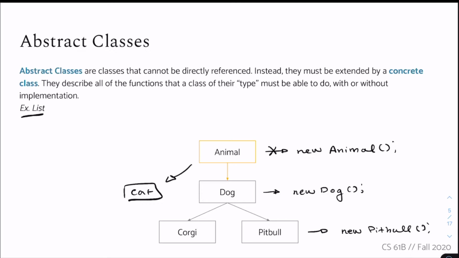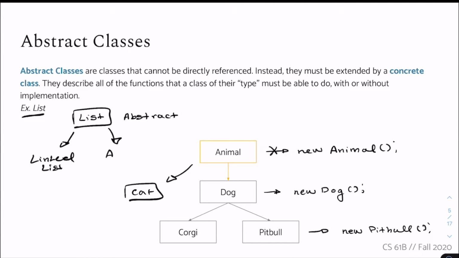In the real world implementation, list is an abstract class because list tells you all of the features that a list should have, but it doesn't tell you how you should implement it. And in real Java, list can be extended by both linked lists and array lists, which both offer concrete ways of implementing the list class.